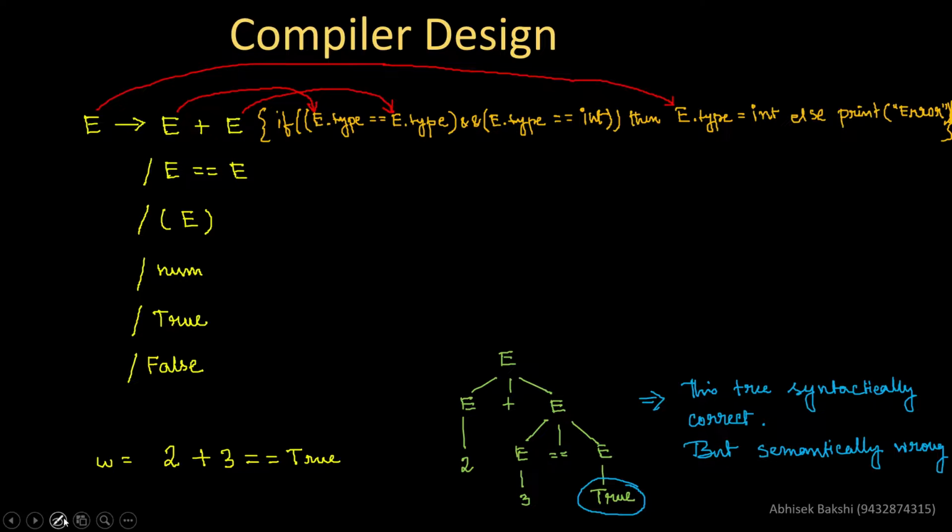Now the same thing you see for the equal sign. What I can do is apply something like: if, first of all, I have an equal sign, so both have to be the same data type first of all, right? So again here also E dot type has to be equal to E dot type, where this E and this E represent the two expressions present on either side of the equal sign.